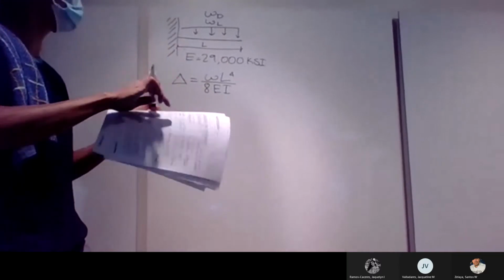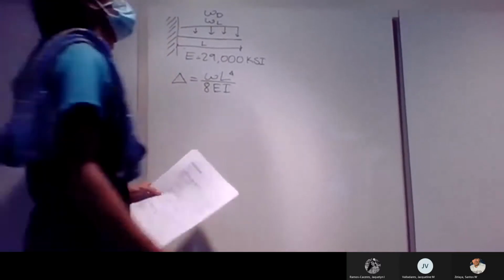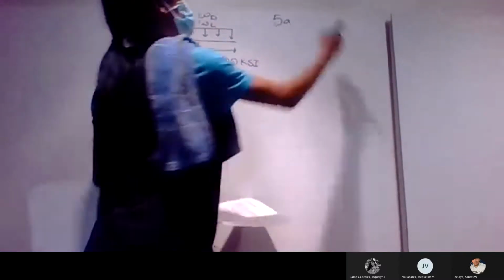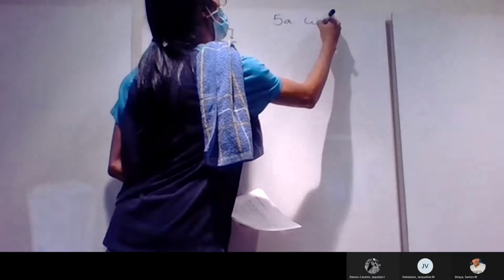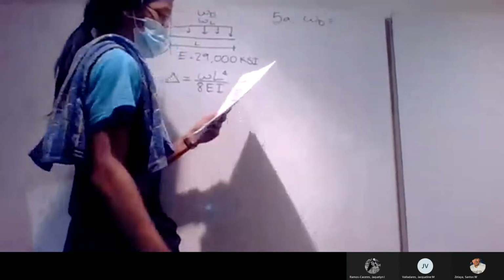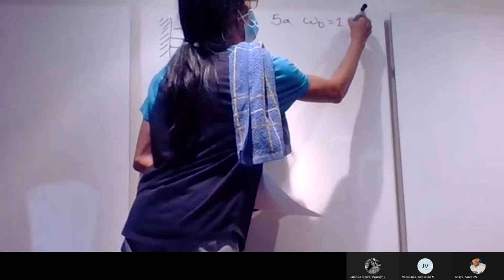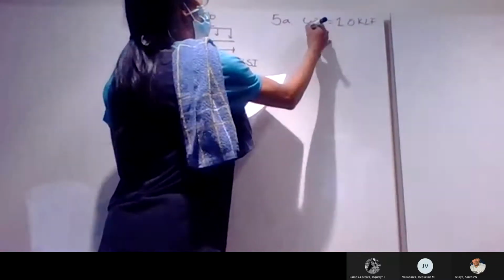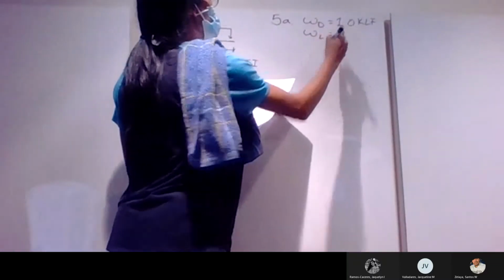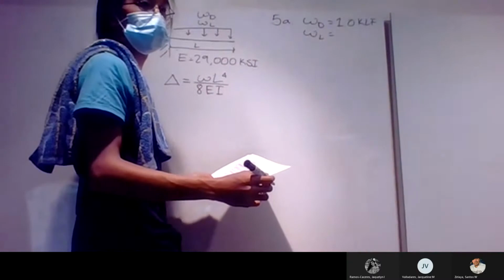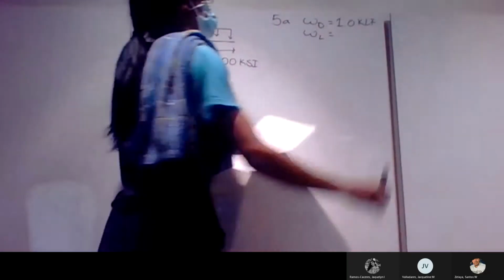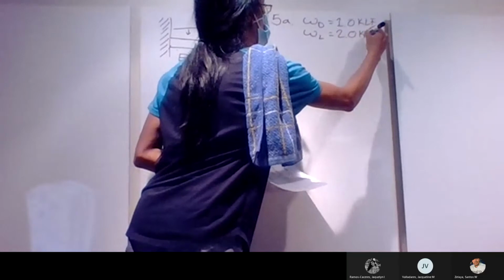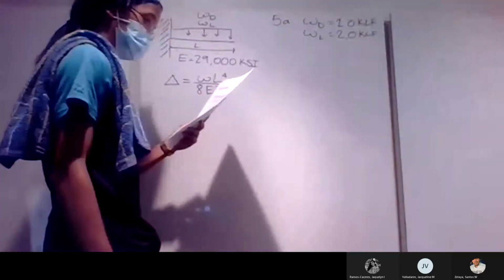So for 4A, no, we're on 5A. For 5A, we're given the dead load, WD, is 1.0 kips per linear foot. The live load is 2.0 kips per linear foot.